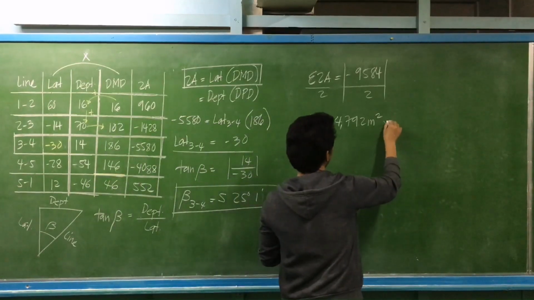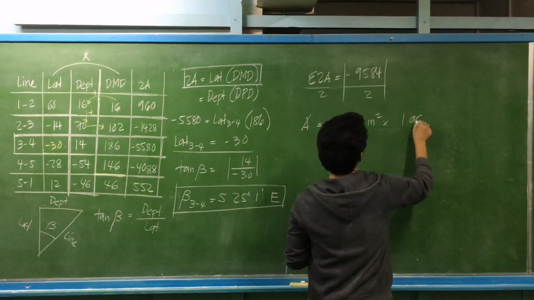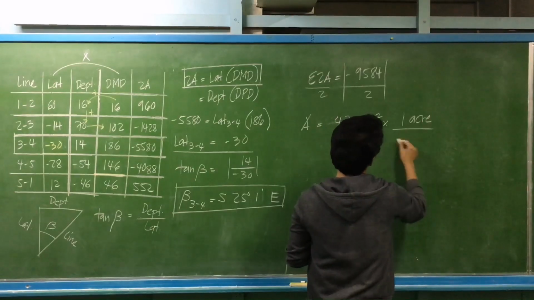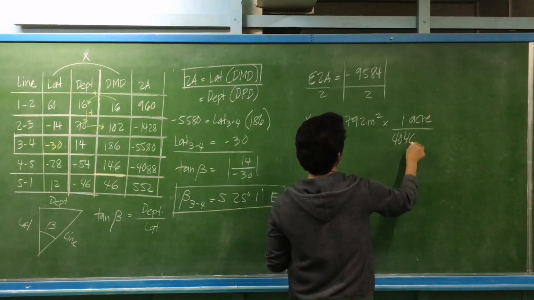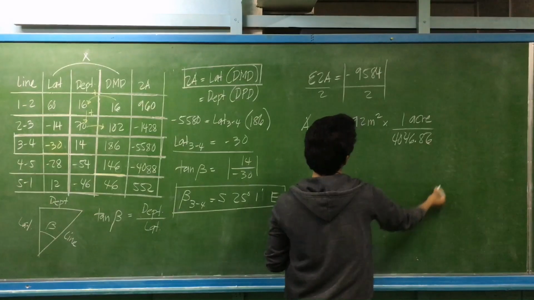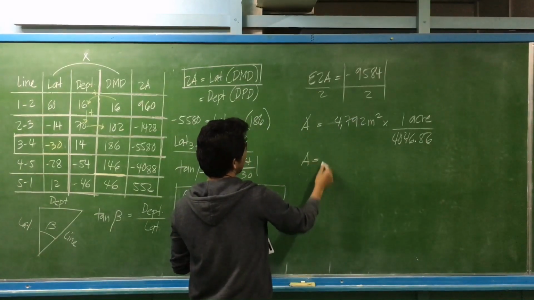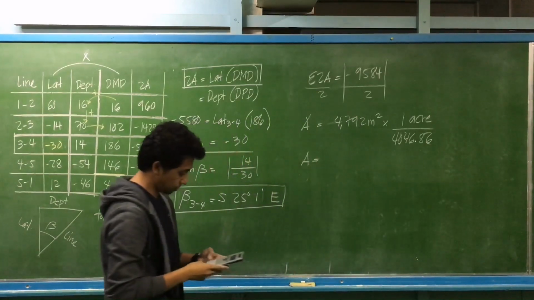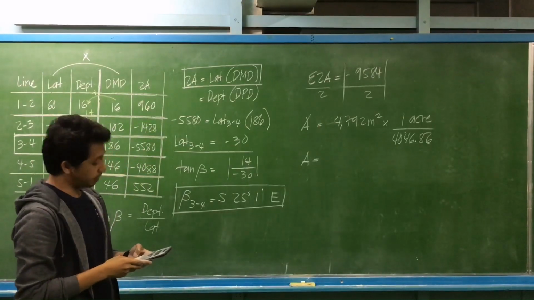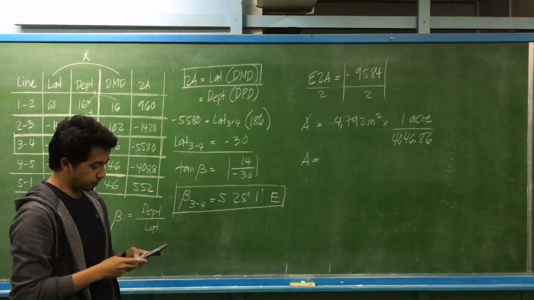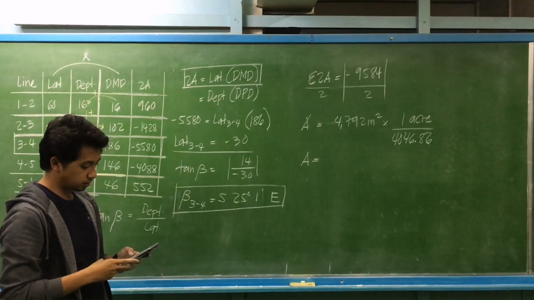So this is multiplied by 1 acre is 4,046.86 square meters. So what will be the area in acres? Divide by 4,046.86.